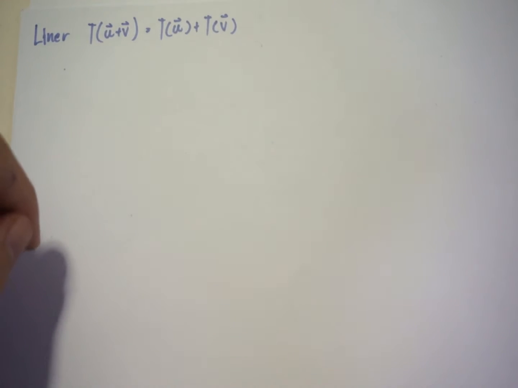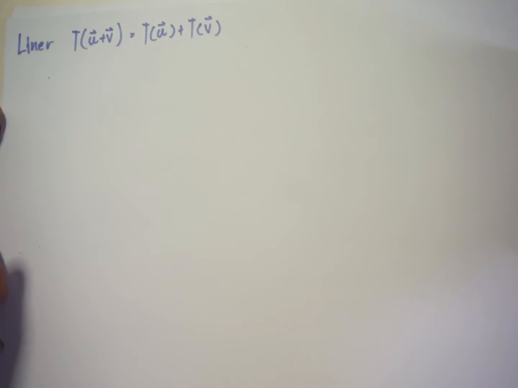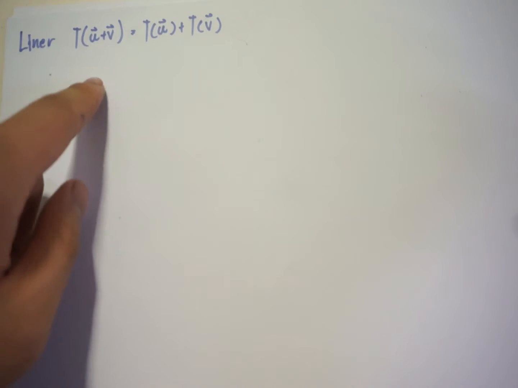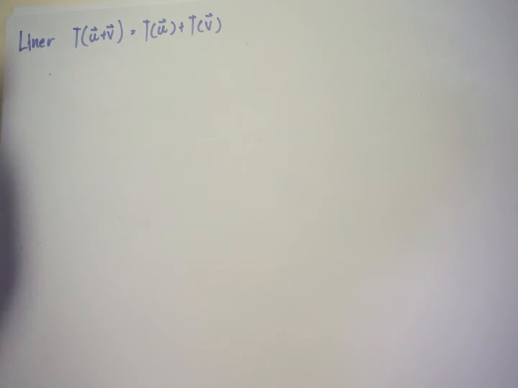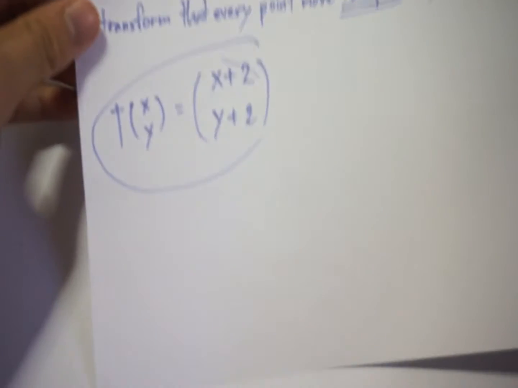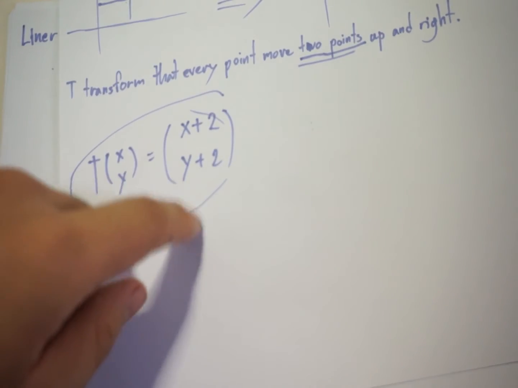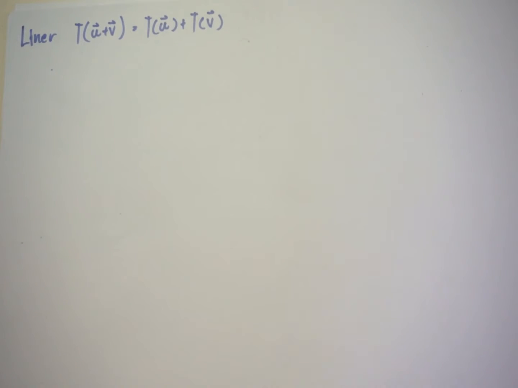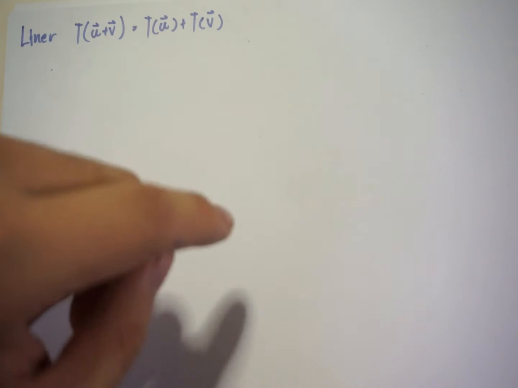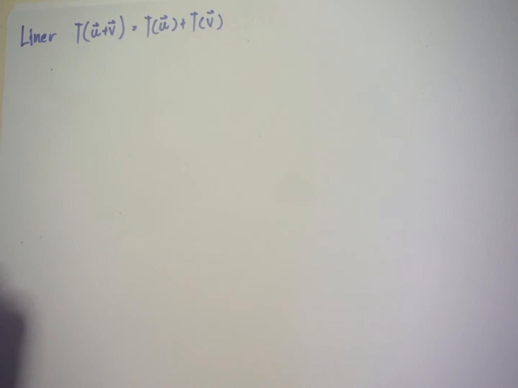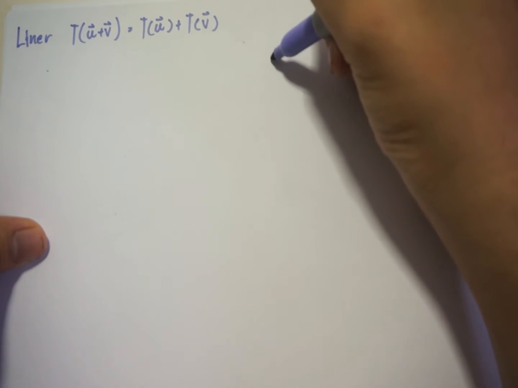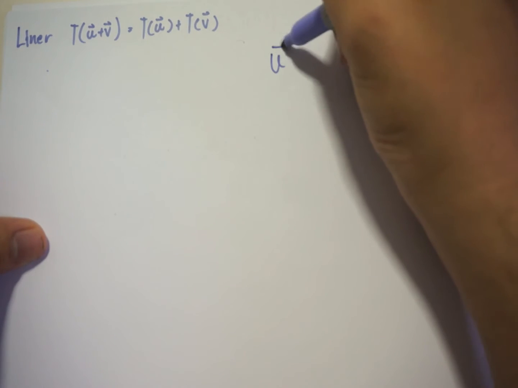Now we're gonna try to find the linear one, which is whether these two are equal. From the last point we established that this is the general form. However, we should set up some example first, to see whether these two are equal or not. So I'm gonna put an example here.